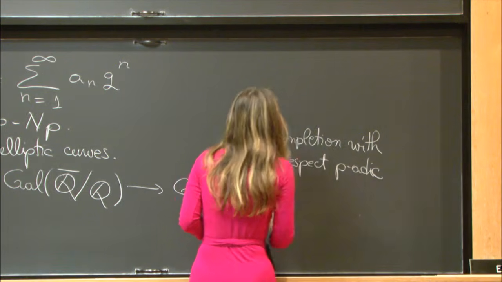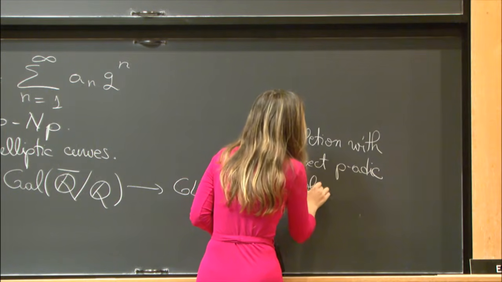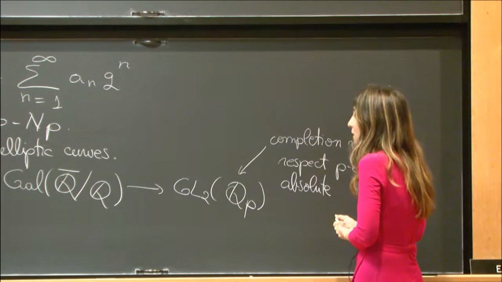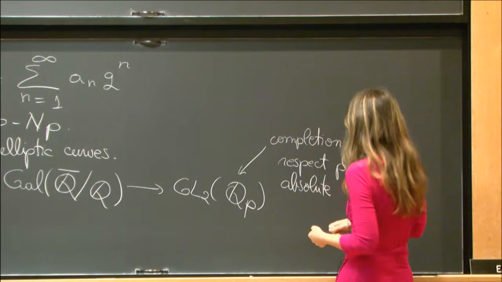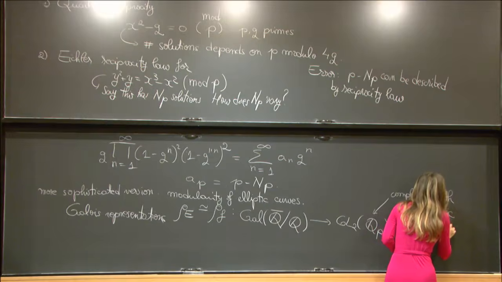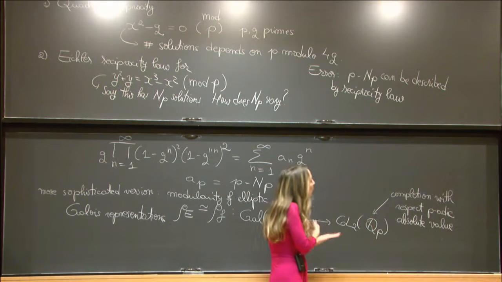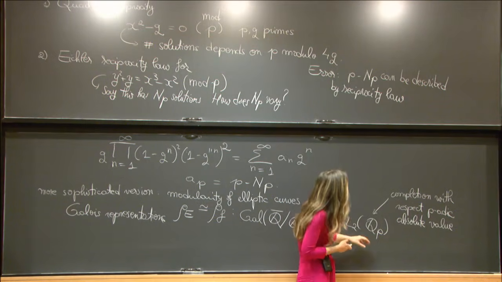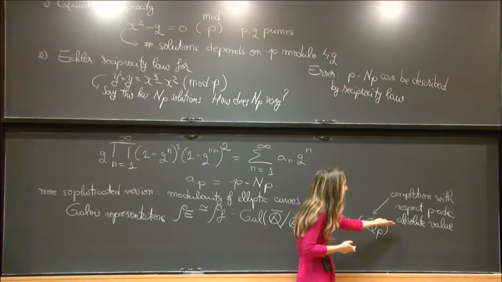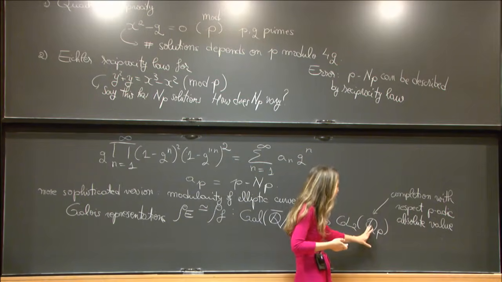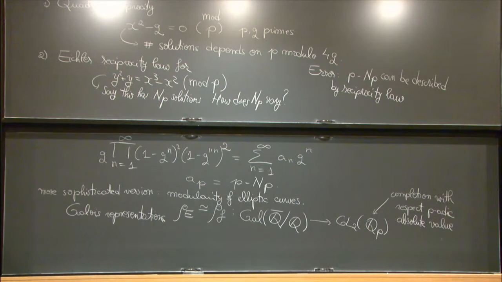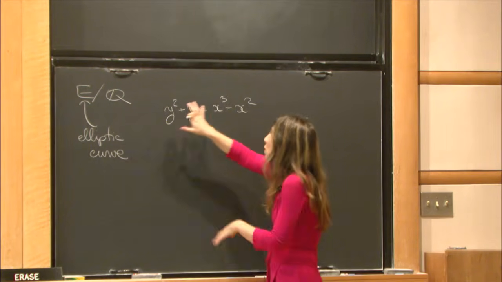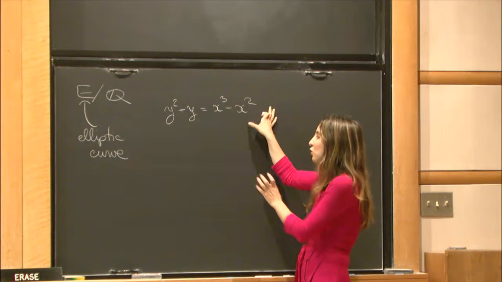That's precisely when you say that two rational numbers are close if they are congruent modulo a high power of p. So if their difference is a multiple of a large power of p. And it turns out that does satisfy the triangle inequality. It does give you an absolute value, and if you take the completion with respect to that, what you get is this field QP.